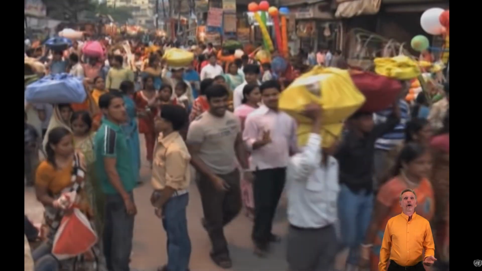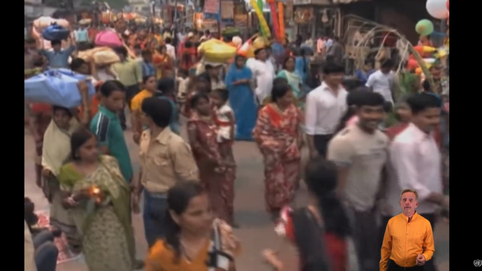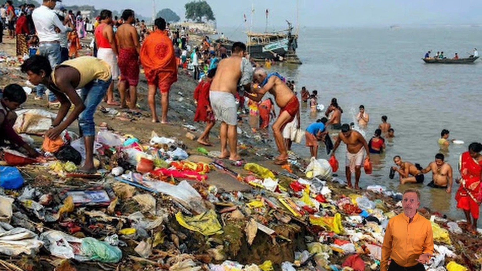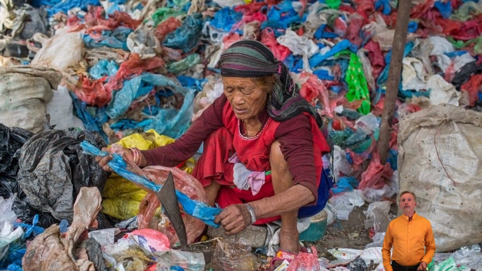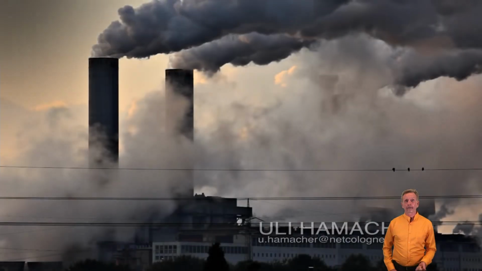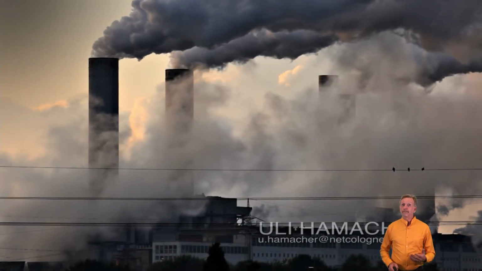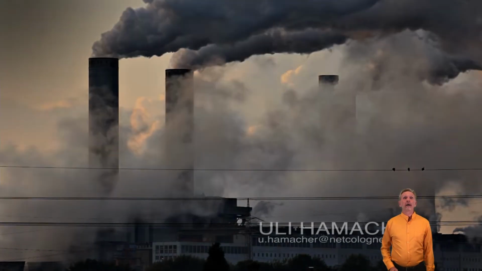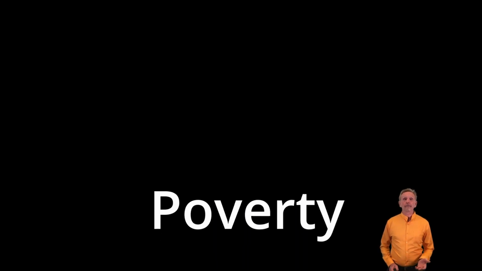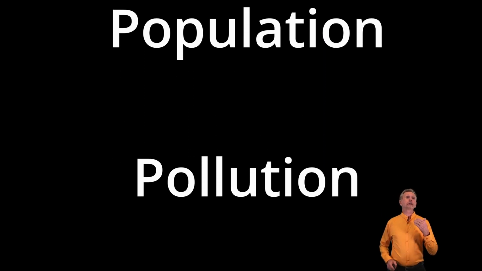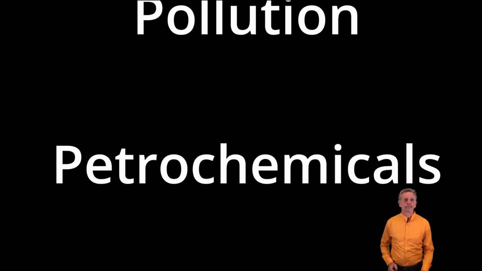And along with overpopulation comes pollution and the overuse of petrochemicals. Now, petrochemicals are simply the use of petroleum products in any one of their forms. And these together make up the 4 P's of environmental science: poverty, population, pollution, and petrochemicals.